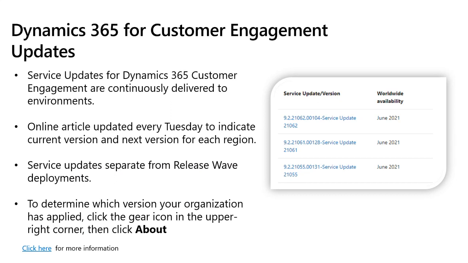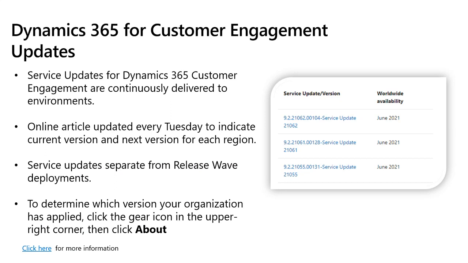Those service updates, done weekly, are a little bit separate from the release wave deployments. Like we mentioned, those release waves happen twice a year. The service updates are continuously deployed, typically weekly, although that can change a little bit. You can look at that article to see the latest service update versions.